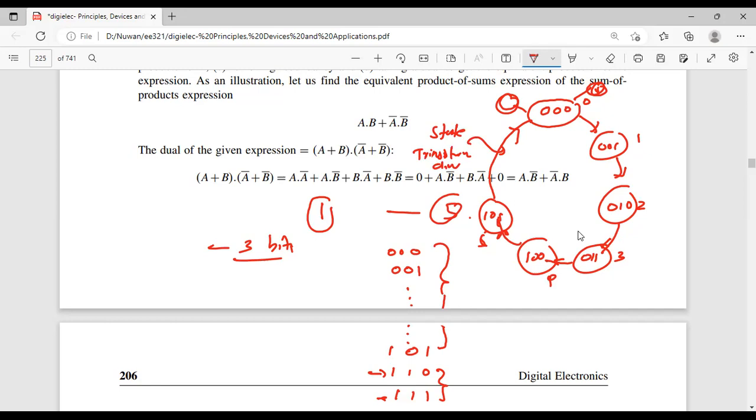If you know the excitation tables for JK or SR flip-flops, then you can develop the excitation table for this transition. If you consider this one, this will be the past state, this will be the present state, and this will be the next state.